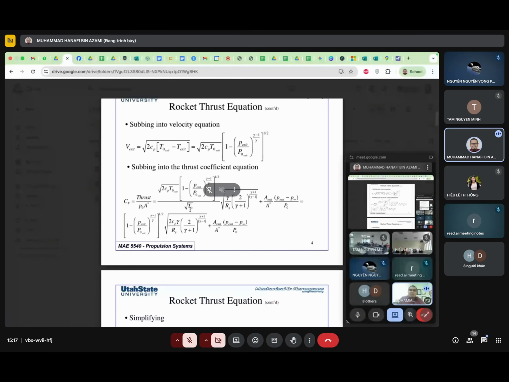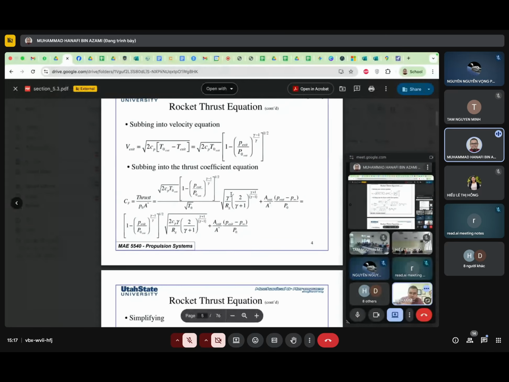For example, this one, you can see that you have CF. CF is equal to thrust over the product of P naught and A star. So you must know what P naught is. It is the stagnation pressure. What is A star? It is the area at the throat where the Mach number is equal to 1. Anything with a star means the Mach number is equal to 1. So all those things, Cp, T naught, this is the relation of CF, which is the coefficient of thrust.